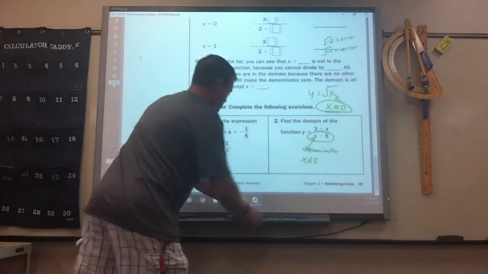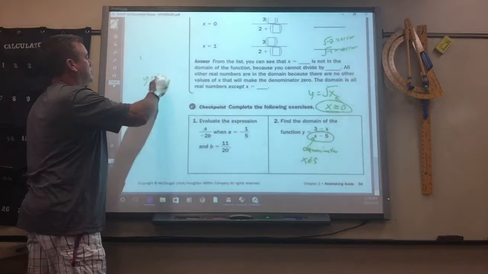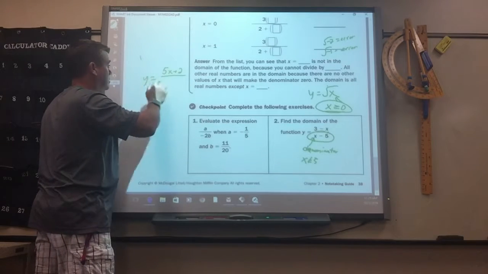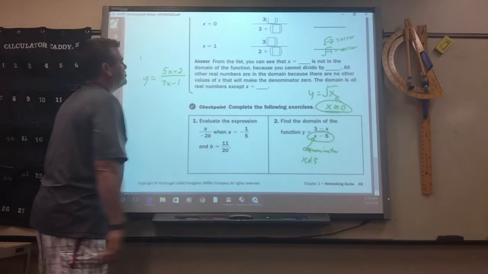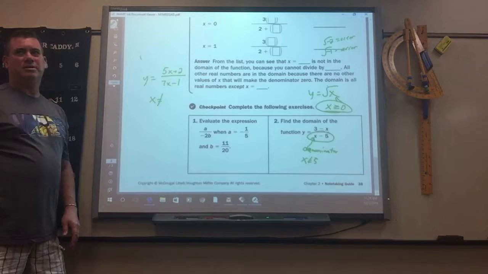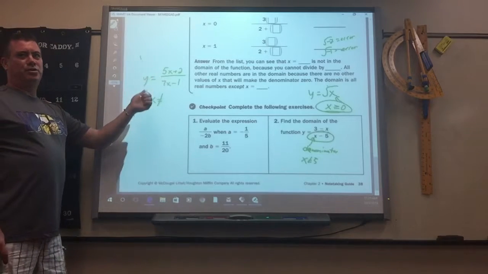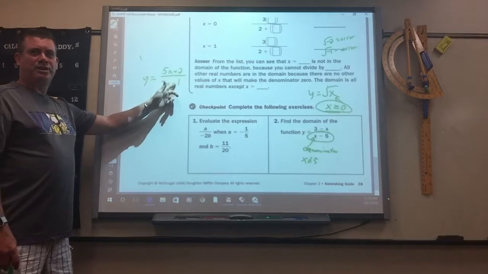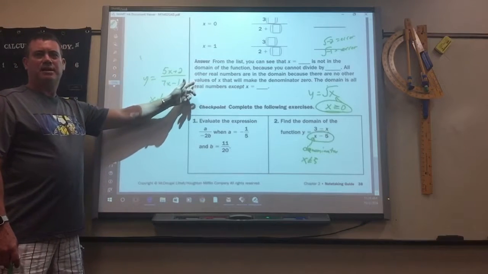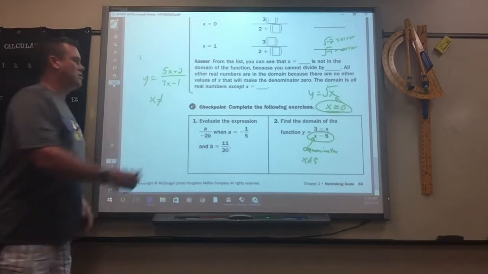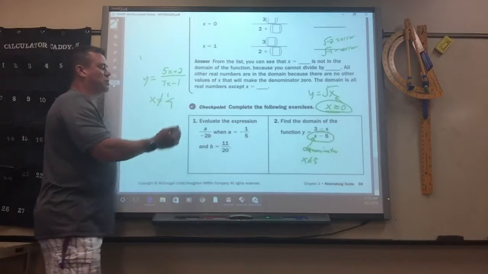So, x cannot equal, really all you're doing is undoing it. Since it's a negative 1, what would you do to get it to the other side? And then to get rid of a 7 times x, you divide by 7, so that's 1/7.